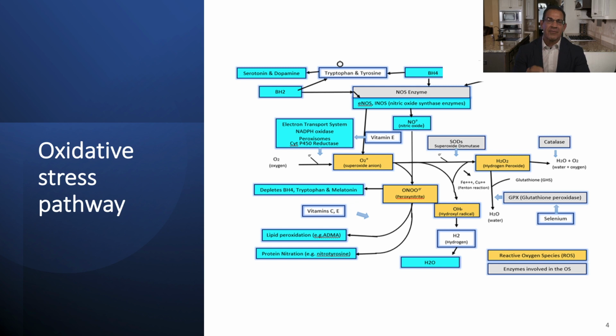The creation of free radicals is necessary for human existence, but the excessive free radicals can decrease the quality of human existence. So now we go a little bit further down within this diagram over here.